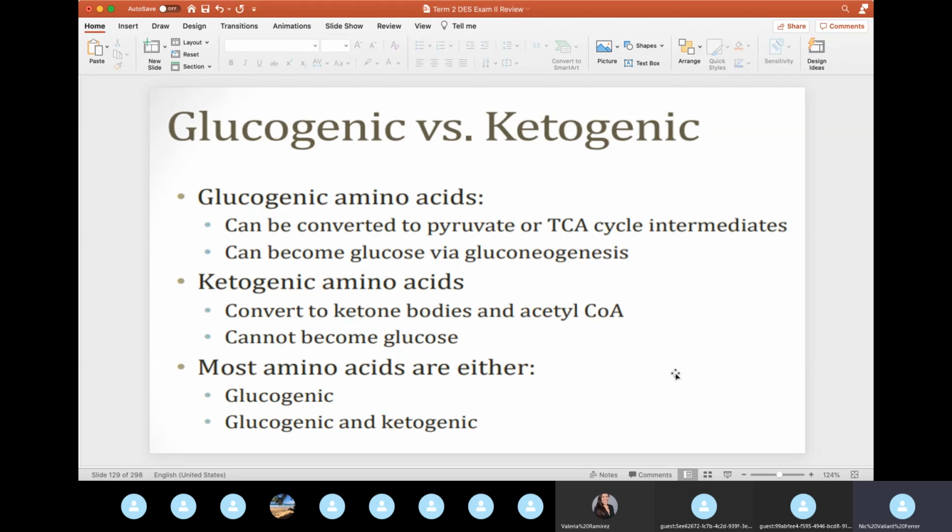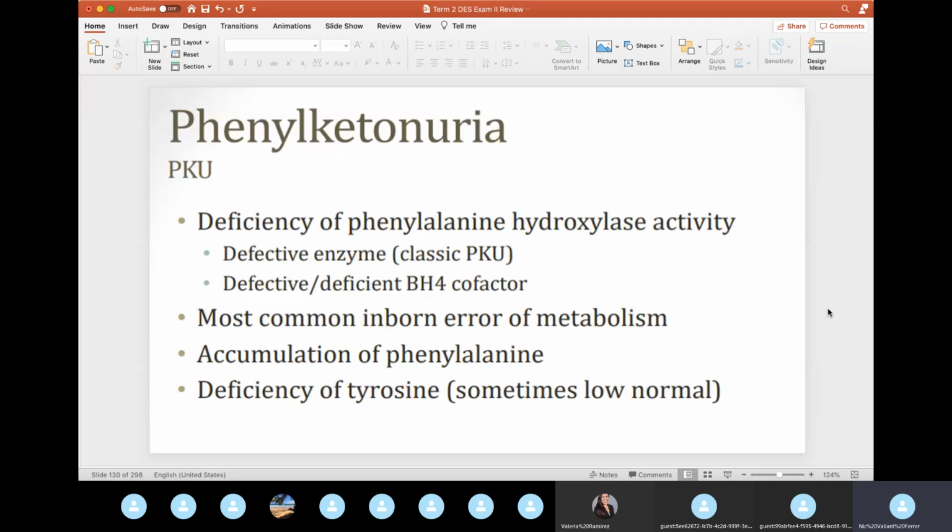They cannot become glucose. All of your glucogenic ones can be converted to pyruvate or TCA cycle intermediates, and can become glucose via gluconeogenesis. Lysine and the ketogenic amino acids can only be converted to ketone bodies and acetyl-CoA.